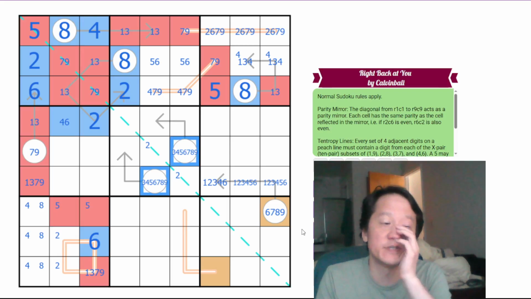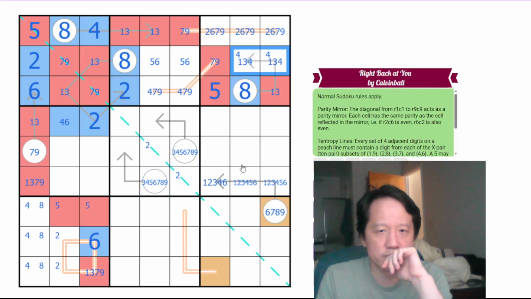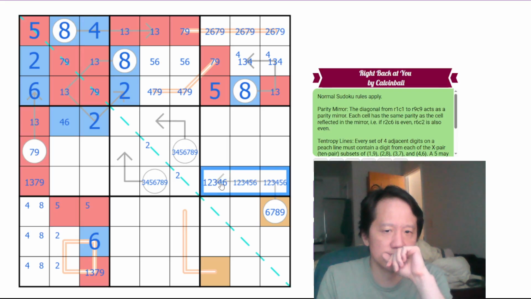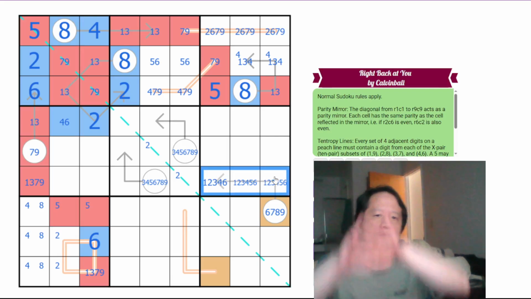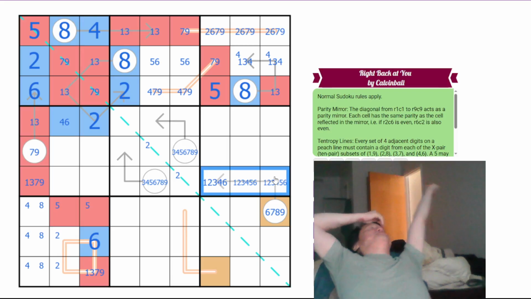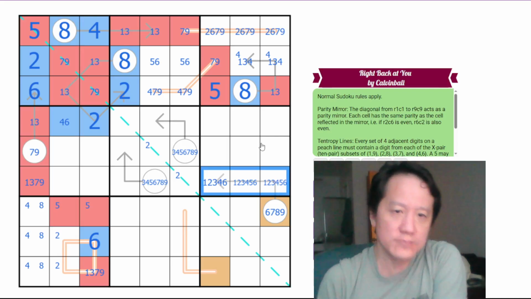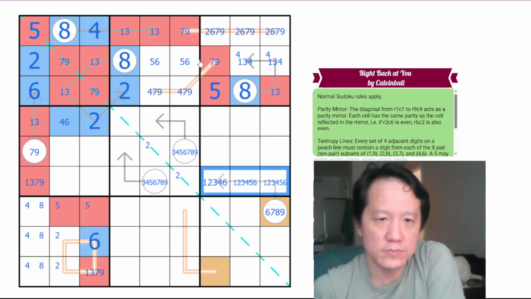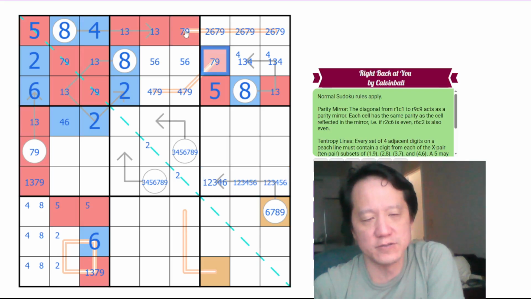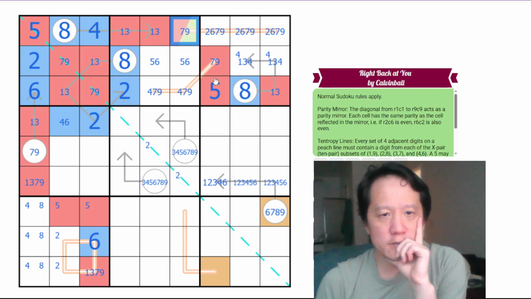Doesn't tell us much, though. This digit, I think, is the same as this digit, right? Yeah. So let's mark it the same. So these are the same, 7, 9.